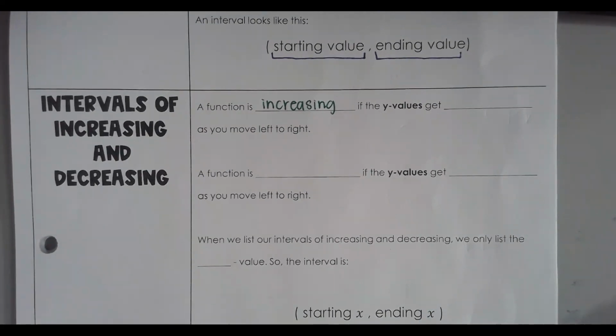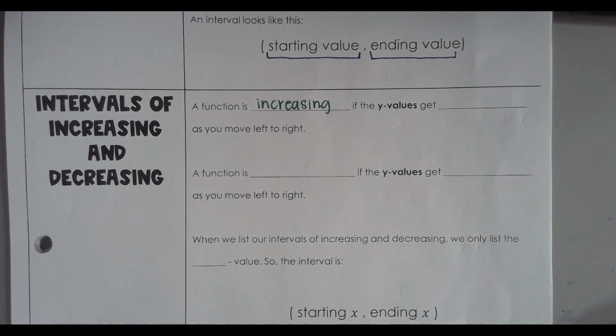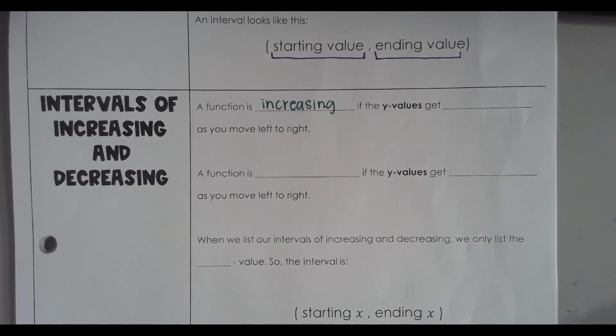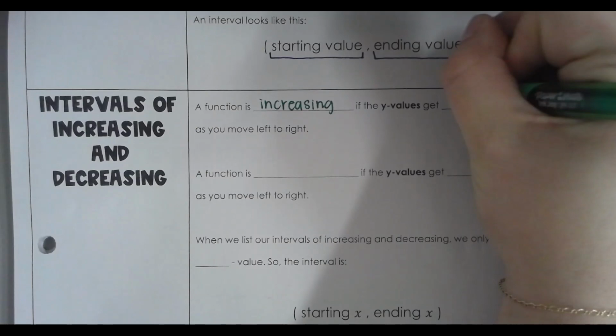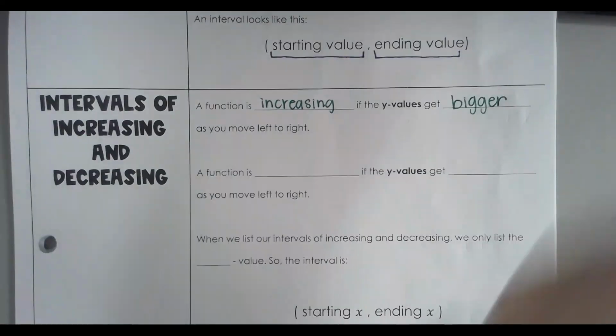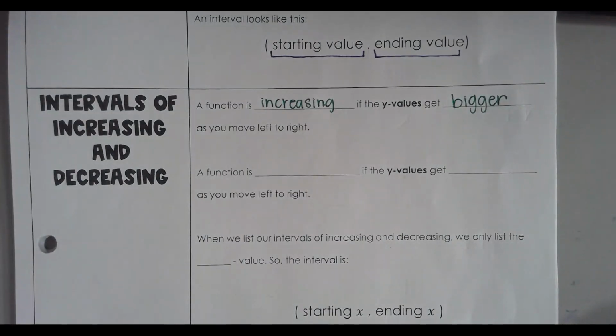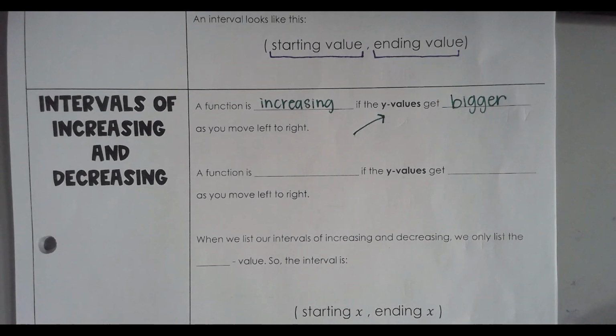Alright. A function is increasing if the y values get, what do you think would go there? Increase, bigger. Same thing. So as you go left to right, if the y values get bigger and your line literally goes up like that, that is increasing.